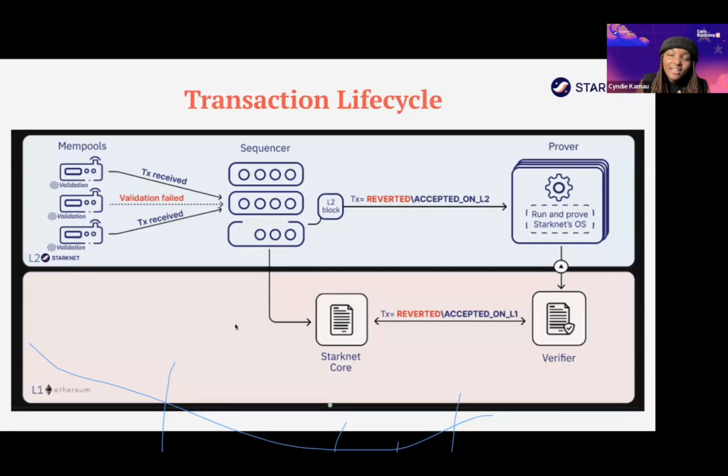Yeah, so the mempool can be classified as authentication. The sequencer can be classified as authorization, right? Yeah, we could say so, because the mempool will authenticate, is everything okay? And the sequencer will authorize: this transaction is accepted on L2, this transaction is reverted.